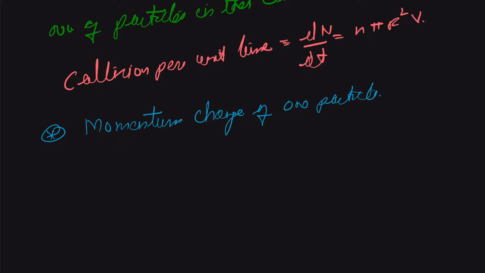And in this particular case, we are going to take the frame of reference as the sphere, and we are going to assume that our sphere is at rest. So it means the particles are moving with the velocity v, not the sphere. That will be much more convenient.